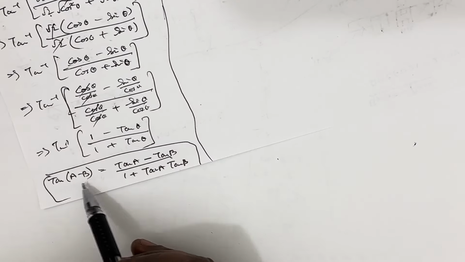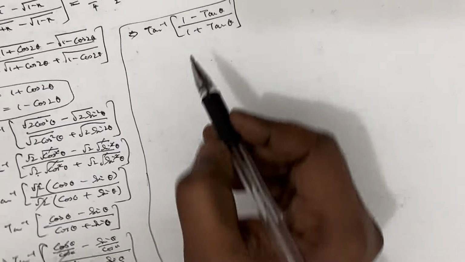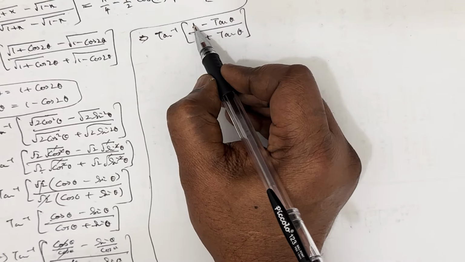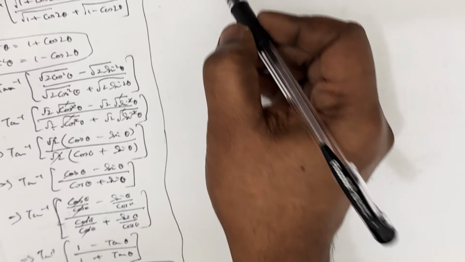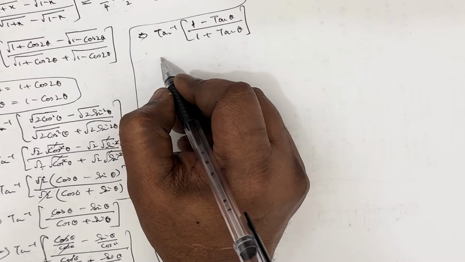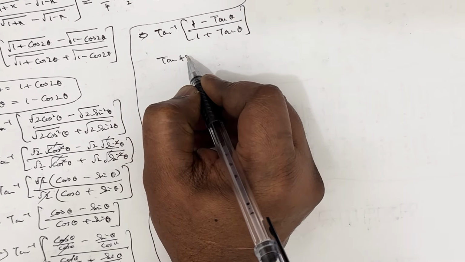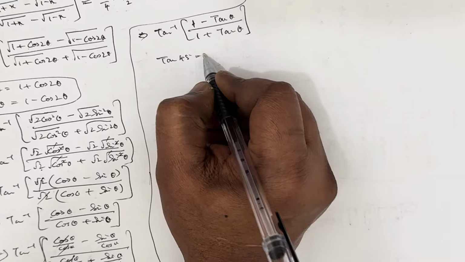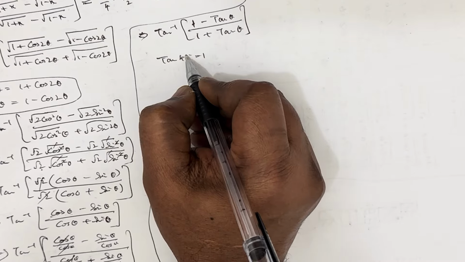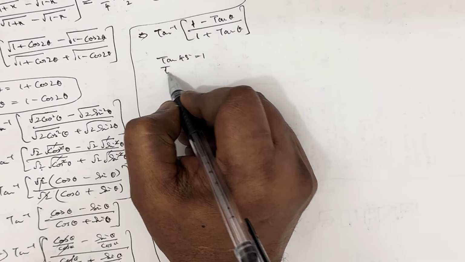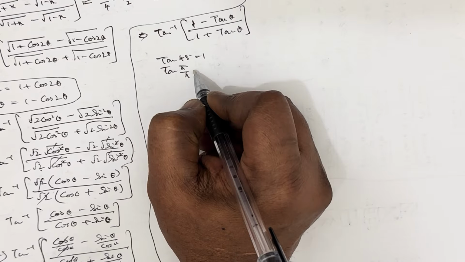Now we will use this formula. Here we need something which represents tan A, but we have 1 here. So instead of 1 we have to put a value which represents tan A. You all know that tan 45° is equal to 1, and instead of 45° you can write tan π/4. Tan π/4 is equal to 1.